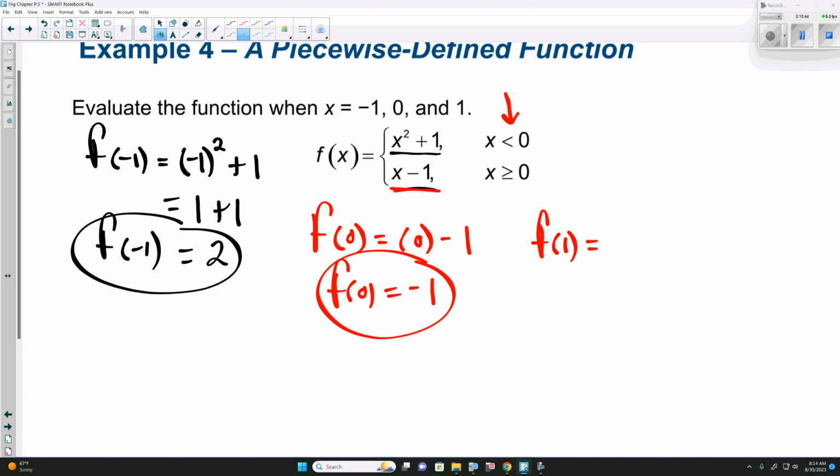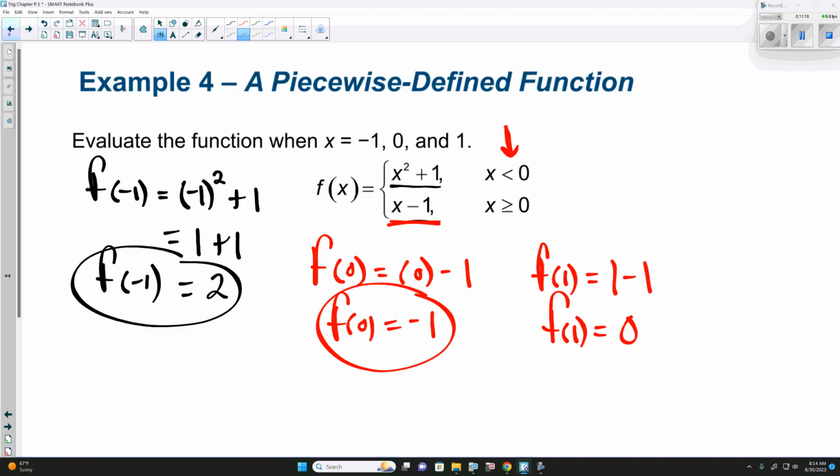When we plug it in, we're looking at these statements to see which one makes it true. So again, for this one, we're using x minus 1. So we have 1 minus 1. So f of 1 is 0. Does that make sense? Yeah, because it's all depending on what the value of x is when we plug it in.